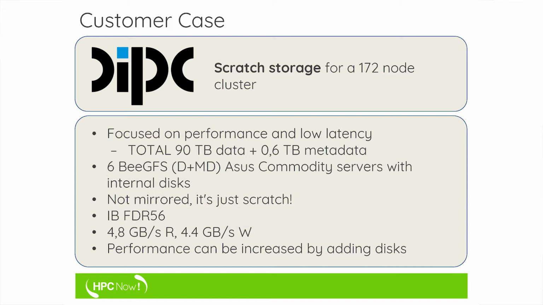terabytes of metadata. There are 6 BeeGFS data plus metadata services on ASUS commodity servers in this case with internal disks. This is not mirrored, neither data nor metadata. It's connected through InfiniBand, and the theoretical performance is 4.8 gigabytes per second for reads and 4.4 gigabytes for writes.